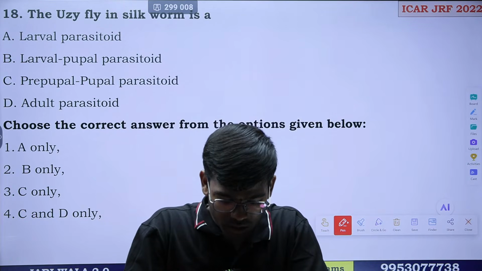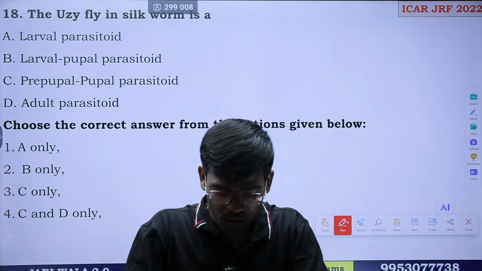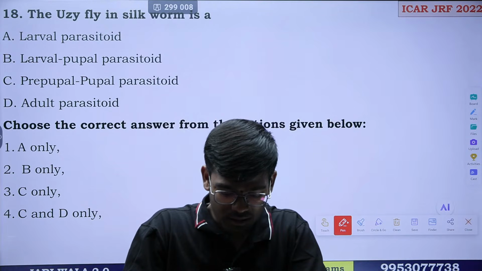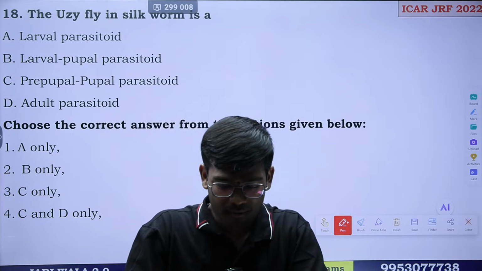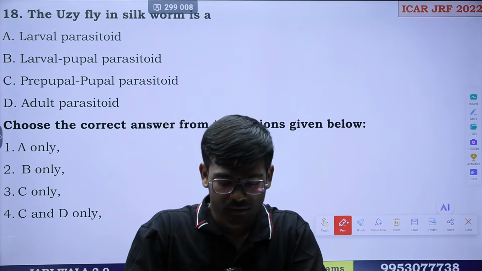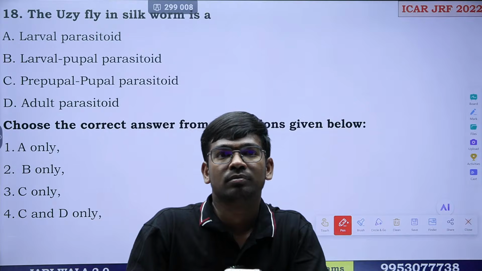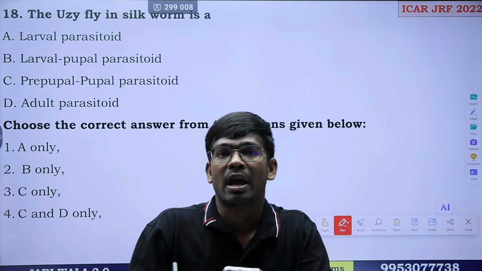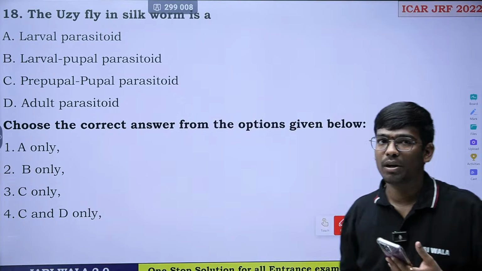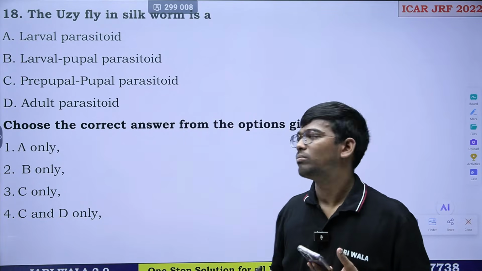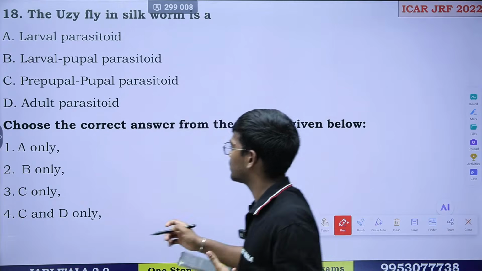Logeshwari Mohan is telling it's 1. Chaya A. Specifically, the oozy fly is an endolarval parasitoid. So it's a larval parasitoid.